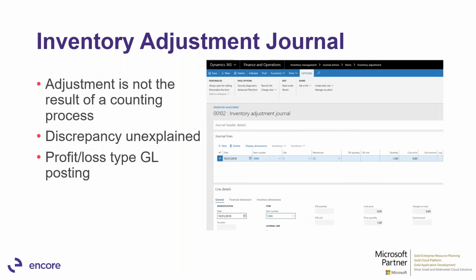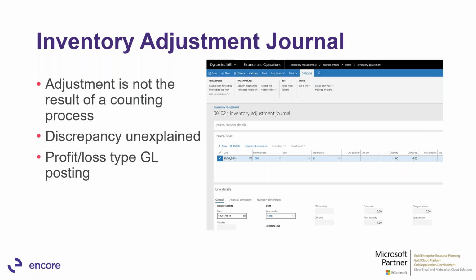And now we're going to move on to the other concept that users are usually familiar with, and that is the inventory adjustment journal. So the adjustment journals are used when a profit loss type adjustment is made and is automatically again posted against a profit loss type GL offset account.